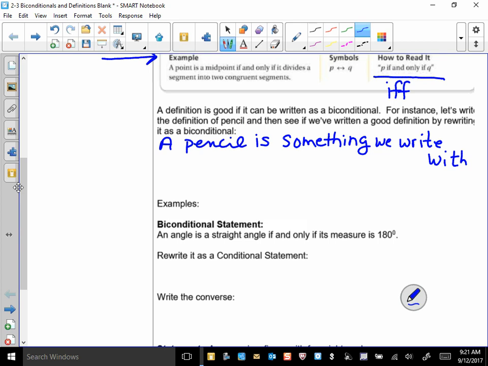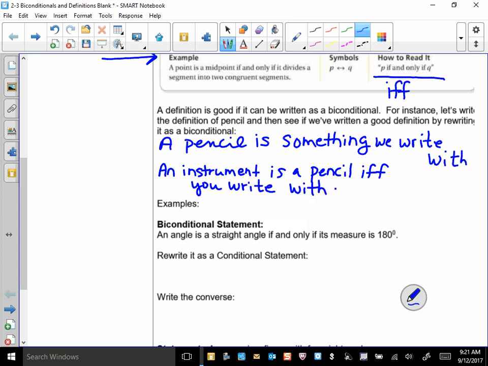So I'm going to say an instrument is a pencil if and only if you write with it. Okay, so if it's a true biconditional, that means I can say it either way.